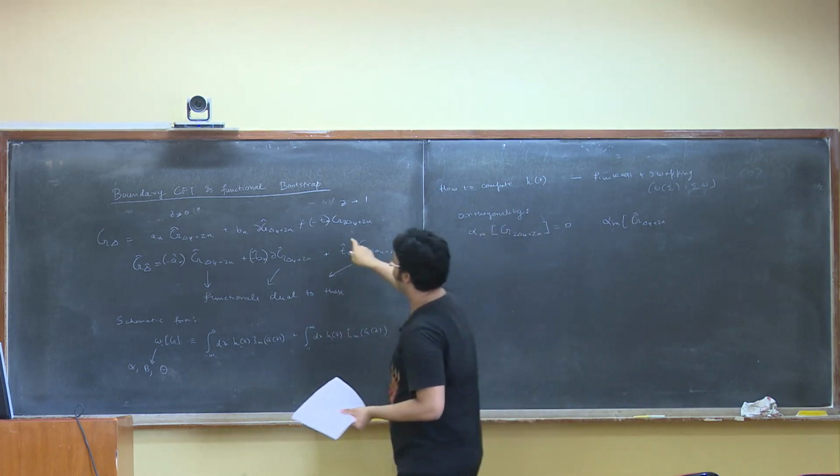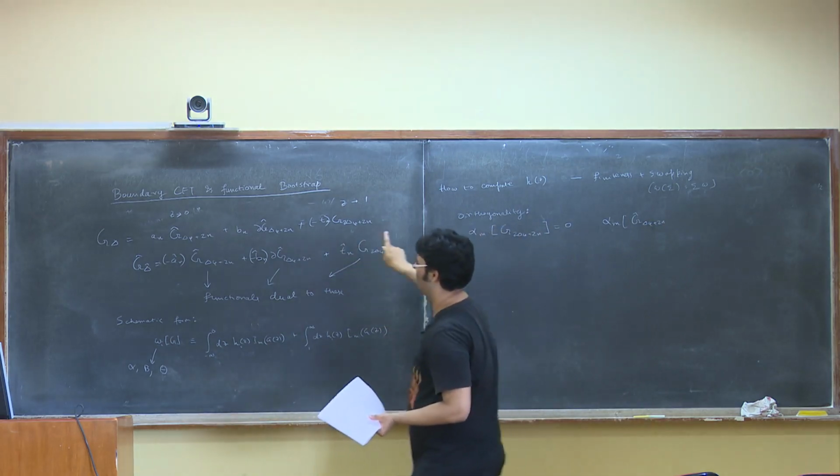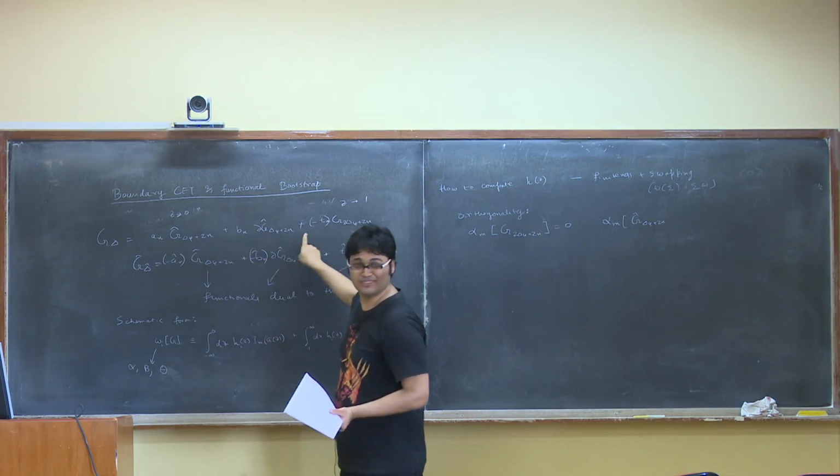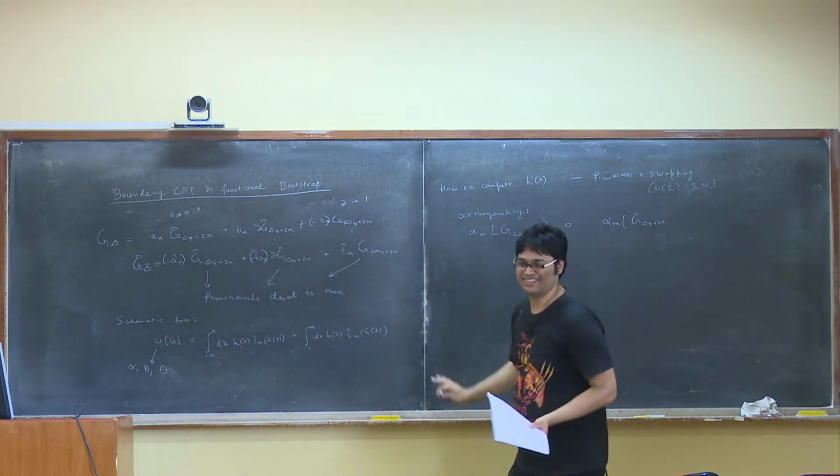By the way, here all these things I wrote down are for the Neumann case. For Dirichlet, these things will be replaced by plus 1s.